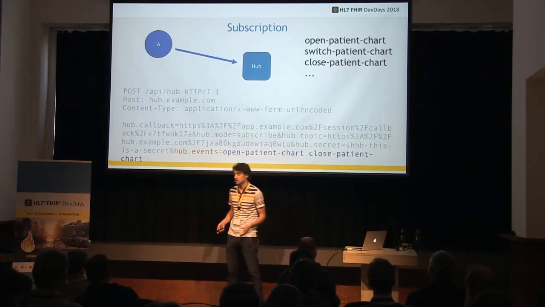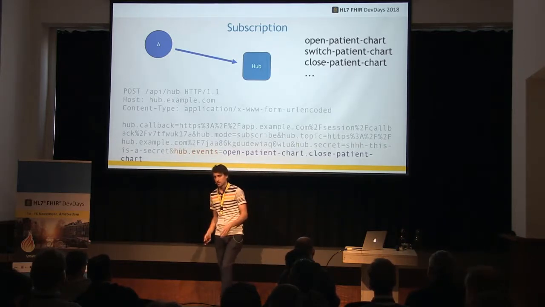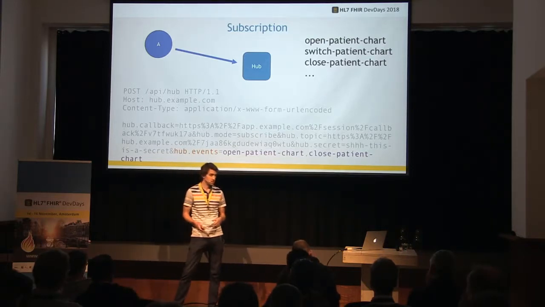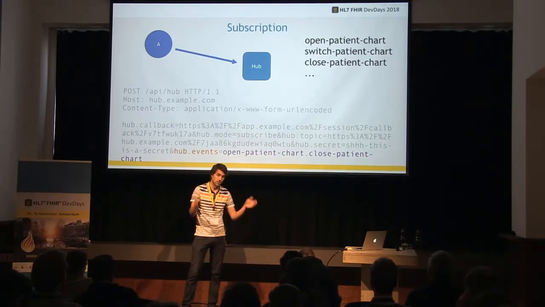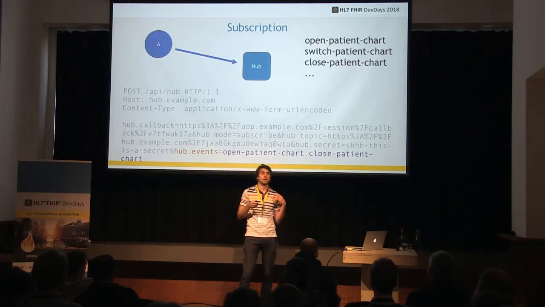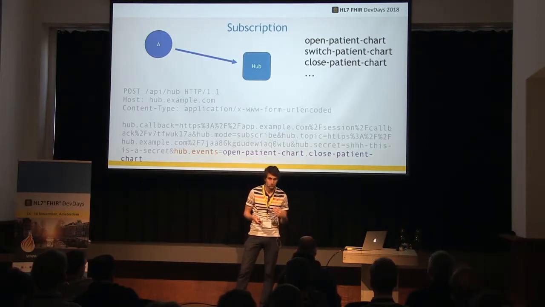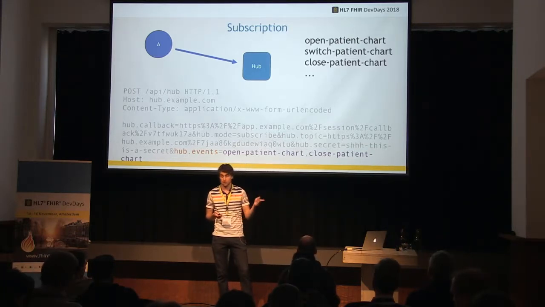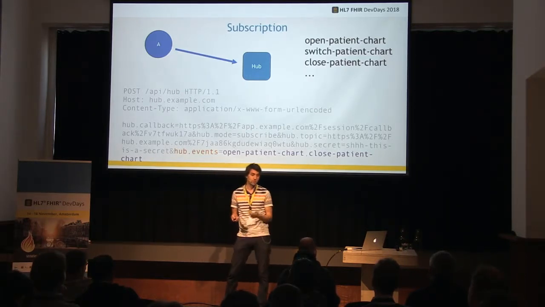And then we have the events. These are the events that this client is interested in. In FHIRCast, we're trying to create an event catalog so that the events will be as specified as we can from the start. In the subscription post message here, we have two events: open patient chart and close patient chart.